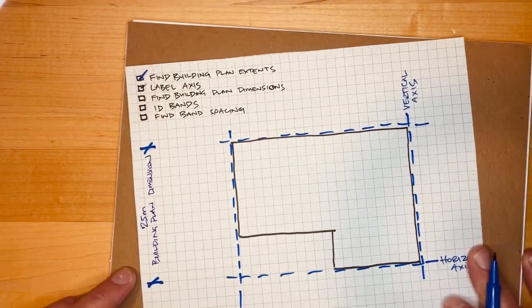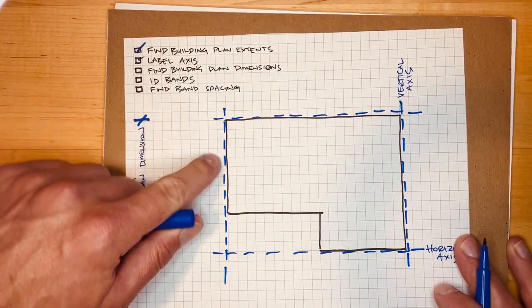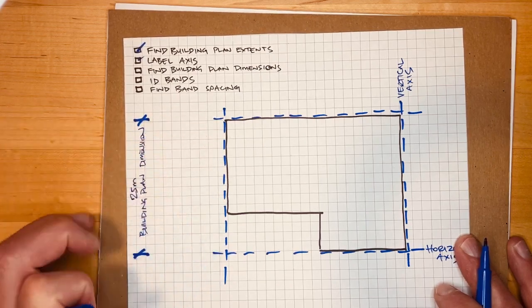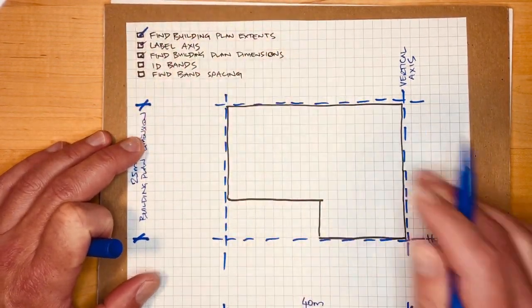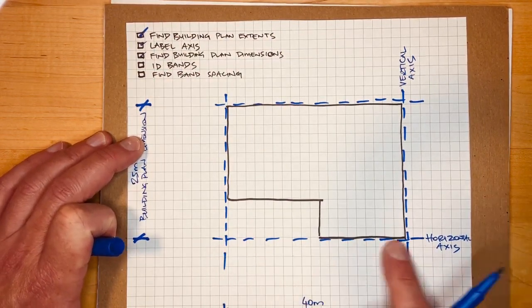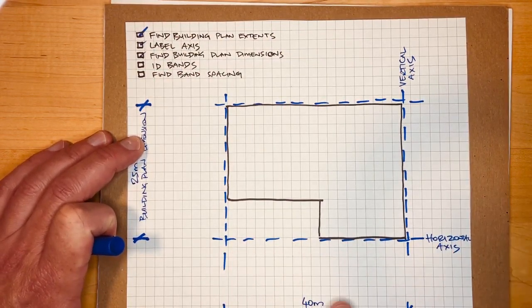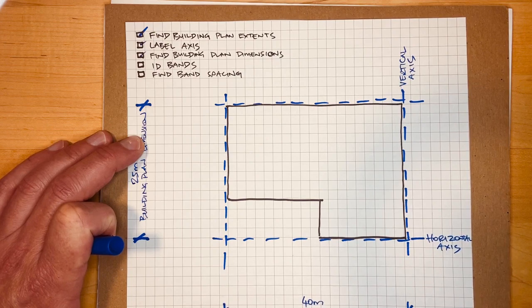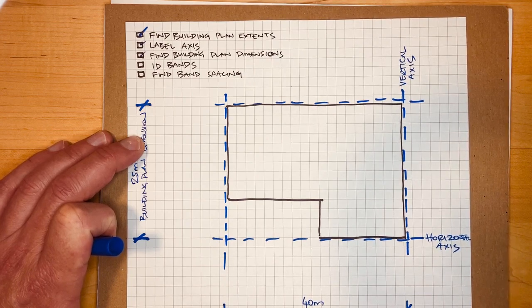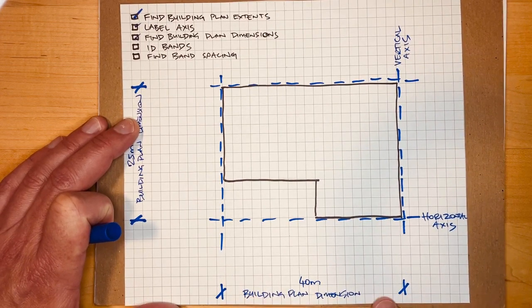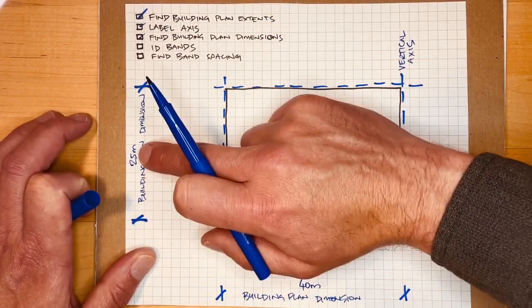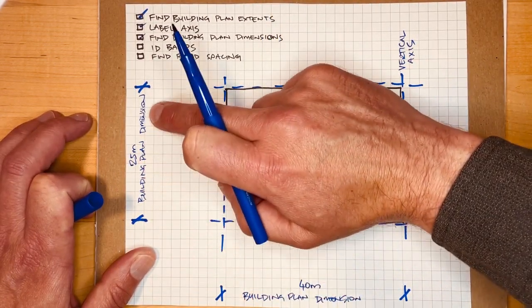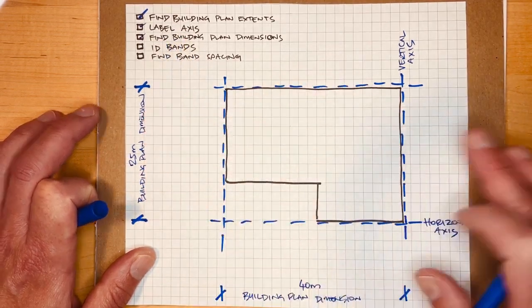So that's going to be 25 meters along the vertical axes. All right, so we found our building plan dimensions. Again, this is the horizontal axis, and this is 40 meters of building plan dimension along the horizontal axis. And this is our vertical axis, and this is going to be 25 meters of building plan dimension along the vertical axis.